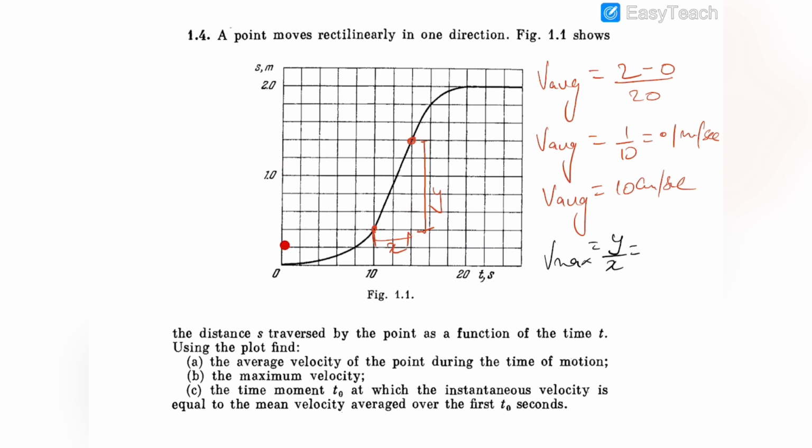So 5 blocks has a length of 1 meter, so it is 1 divided by these 2 blocks. 5 blocks has a length of 10 seconds on the x axis, so 2 blocks would have 2 seconds, in fact 4 seconds, so it would be 1 upon 4, which is 0.25 meters per second. So it is 25 centimeters per second.